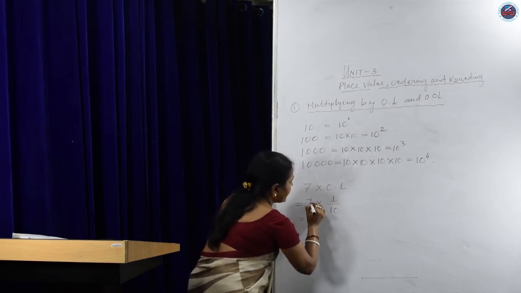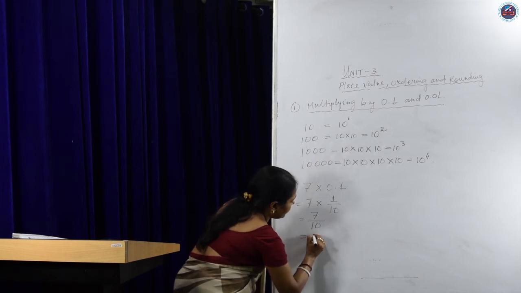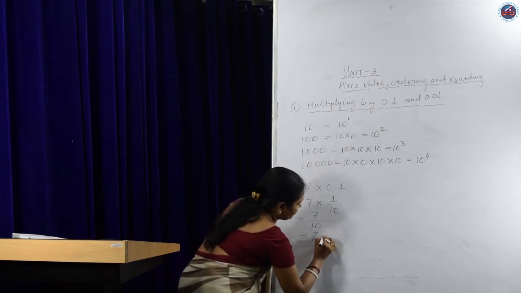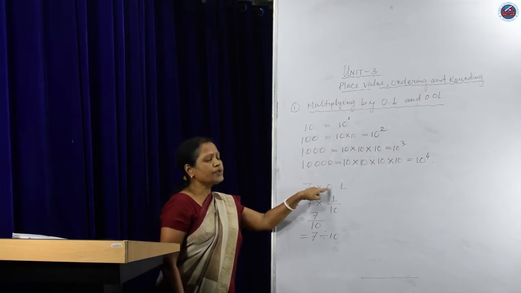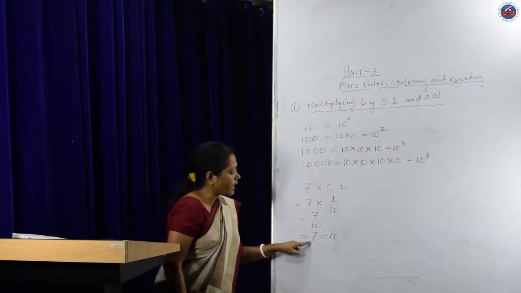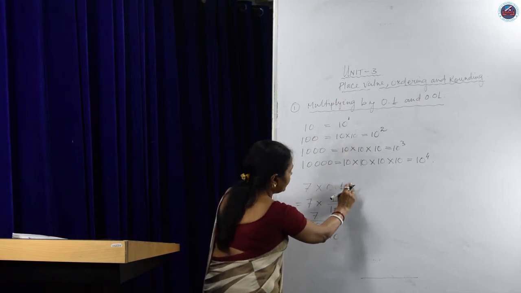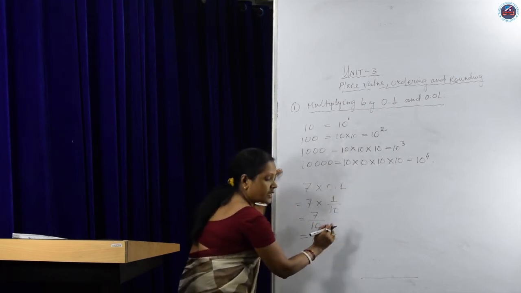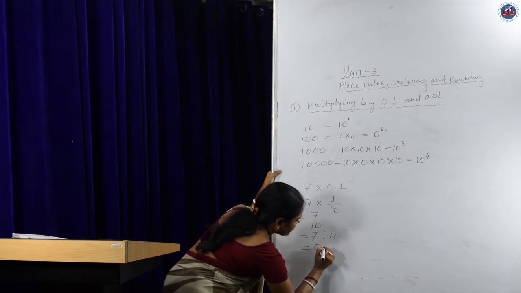So it is 7 ones are 7, and 7 by 10. 7 by 10 means 7 divided by 10. See, 7 into 0.1 comes like 7 divided by 10. So multiplying by 0.1 is the same as dividing by 10.